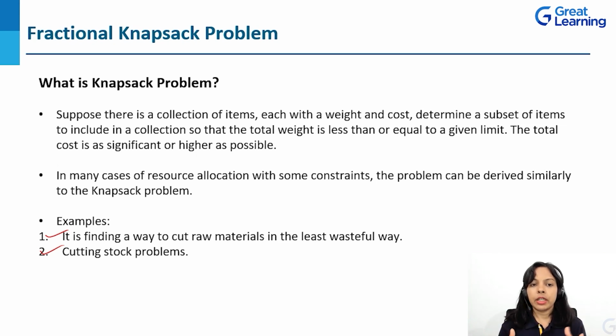So this is nothing but a knapsack problem, where you have to consider two parameters to reach the most optimal solution, where one parameter should be reduced and the other parameter should be maximum. Okay, so similarly in the cutting stock problem, which I explained right now, this is the scenario. So any such problem in a real scenario can be solved with the help of the solution which we have for the knapsack problem.